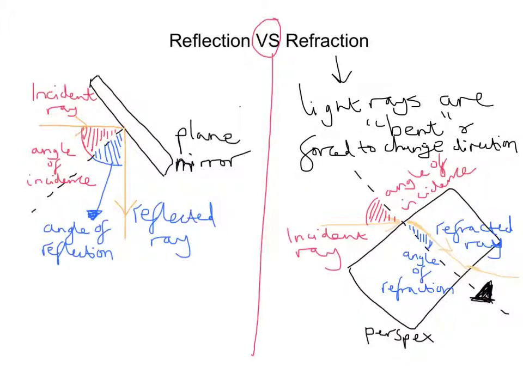And that occurs when they pass into a material which has a different density than the one that they've come from. So at the boundary between substances with different densities, such as air and glass or air and perspex, they change direction and ultimately change speed because of it.